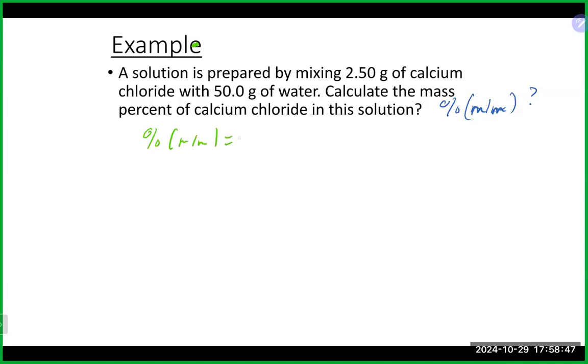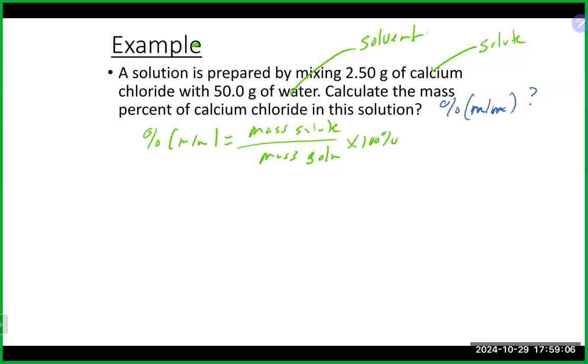That again is the mass of our solute divided by the mass of the solution times 100%. Here it is the calcium chloride, which is our solute. That is the smaller part. And our water here is our solvent in this particular case.